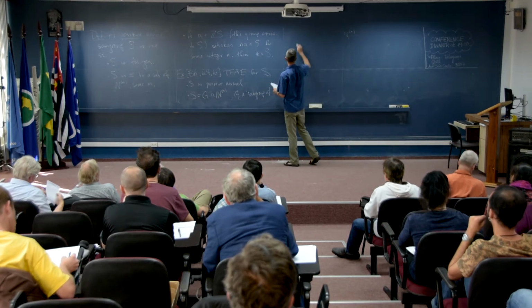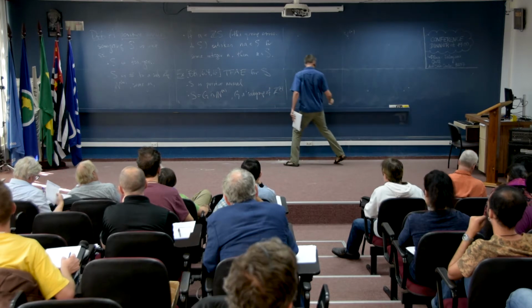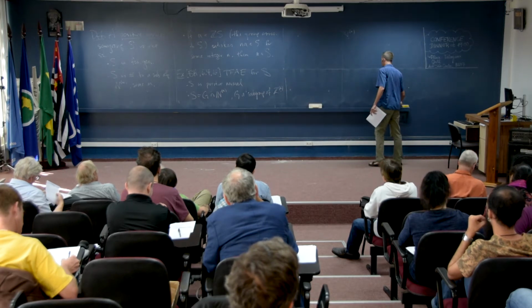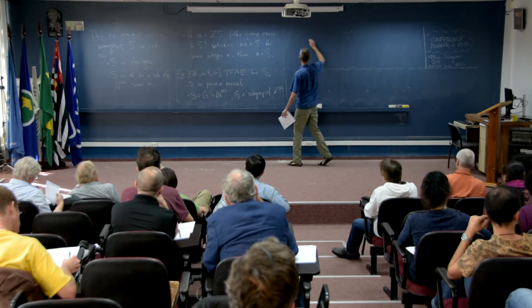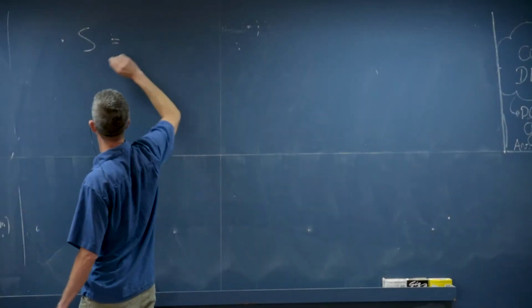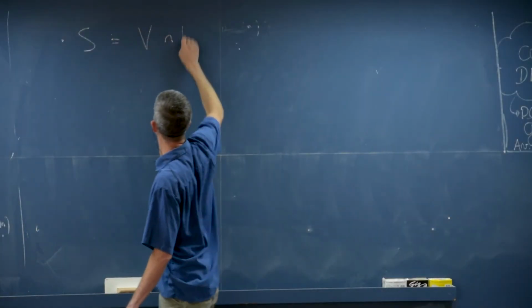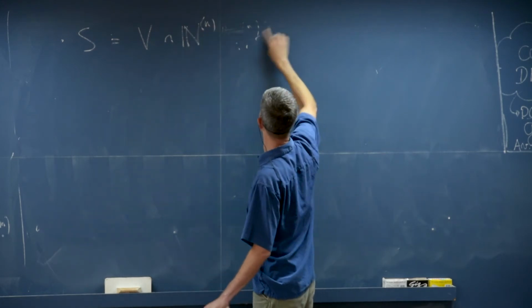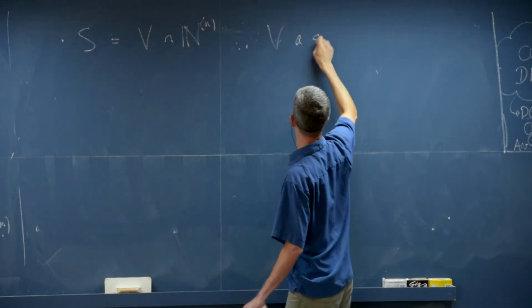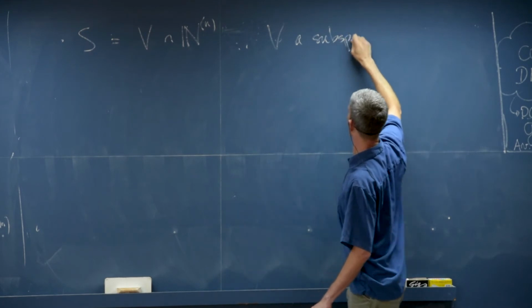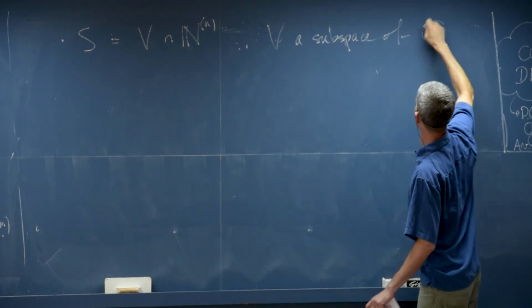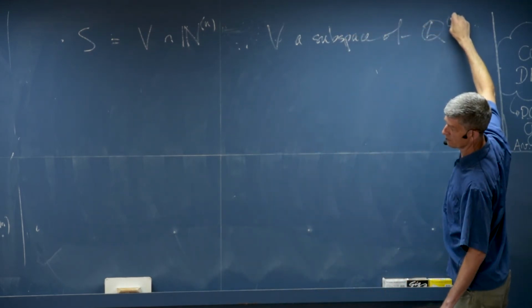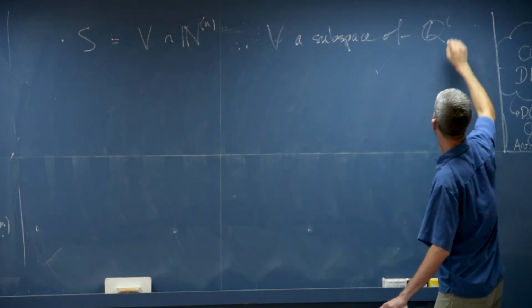And third, S is the intersection of a vector subspace with N to the n. I wrote M there, so I'll write N here.